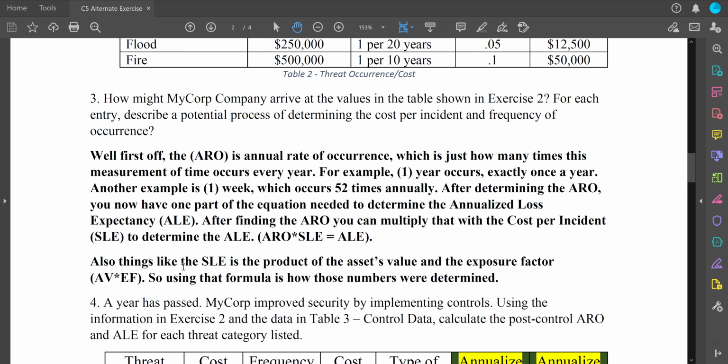So for the second half of the question, you can say they determine the cost per incident and frequency of occurrence by looking at the asset value and exposure factor for that specific asset, and by looking at recent incidents within the company, how they were handled, what the expenses were, and also at similar companies that have faced this incident, and come up with an estimation of what these values would be.